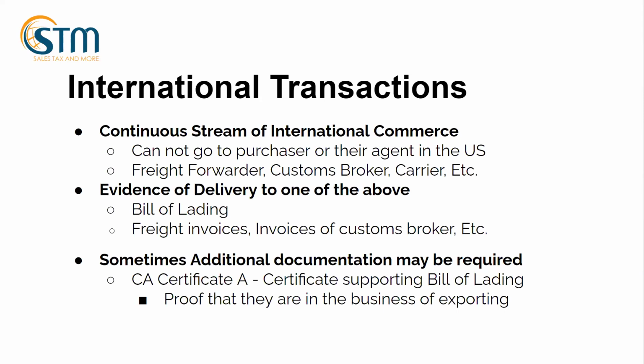It can't be that you're the only customer they've ever had and that they're going to do this for you. So sometimes additional documentation can be required, proving that this bill of lading is from someone who makes exports in the normal course of business.